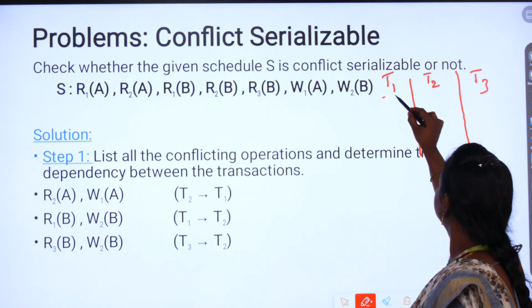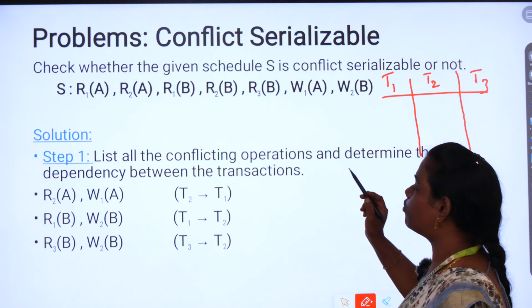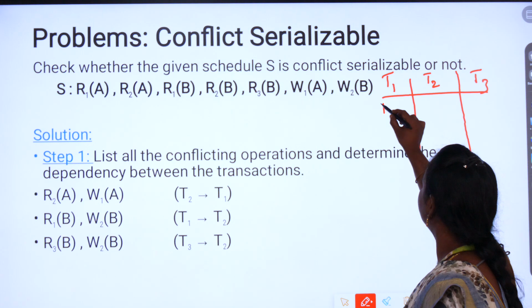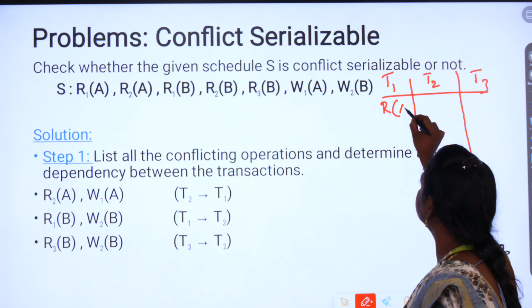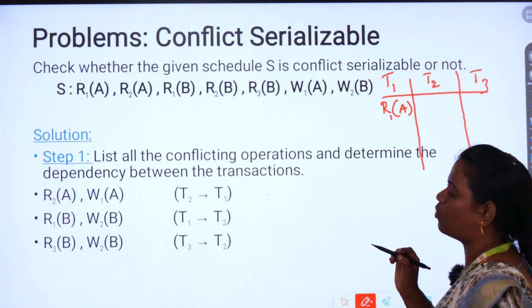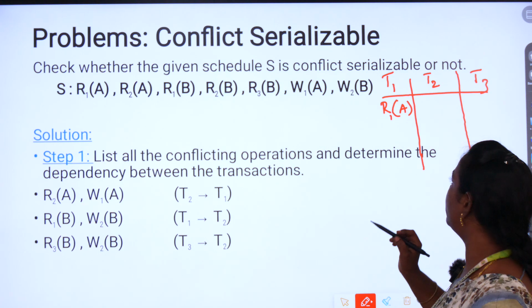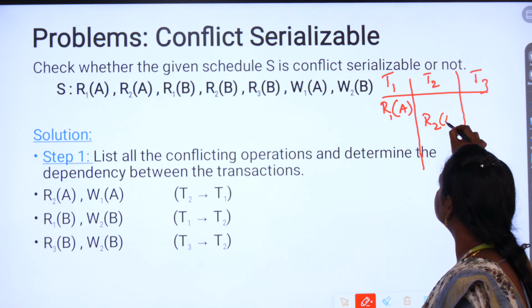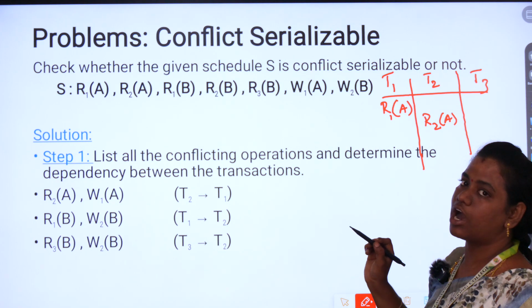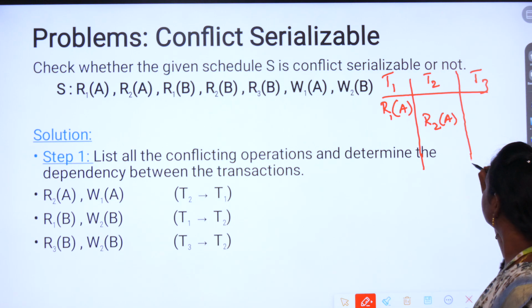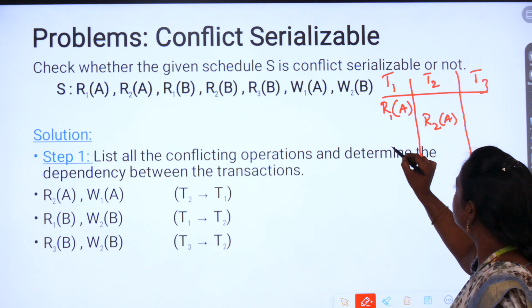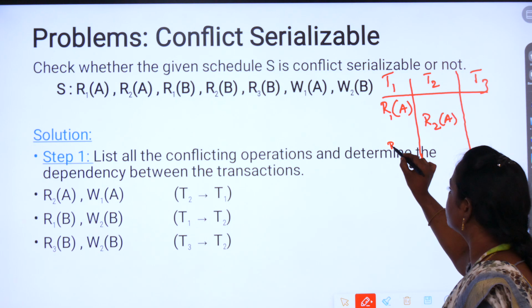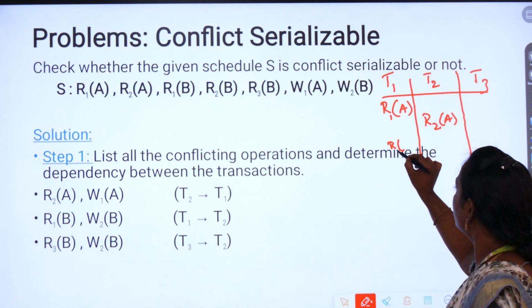Here the first instruction is R1 of A. R1 of A comes under transaction 1, that is, we are going to perform a read operation in transaction 1. Then next is R2 of A, a read operation we perform in transaction 2. Then next is R1 of B, a read operation on data B in transaction 1.